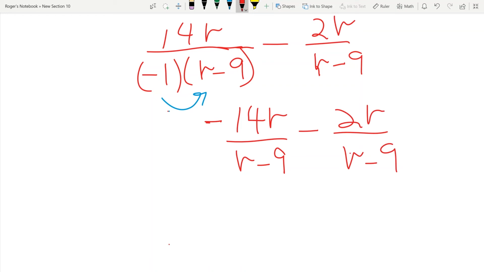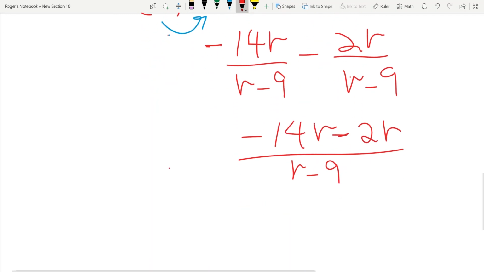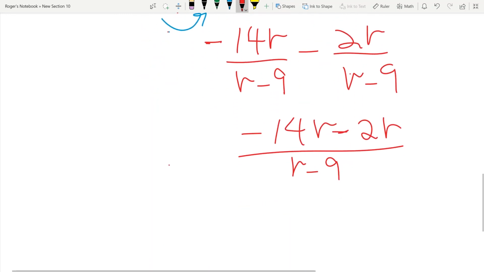What is -14r subtract 2r? This becomes -14r subtract 2r all over r minus 9. So what is that? -14 subtract 2 is -16.